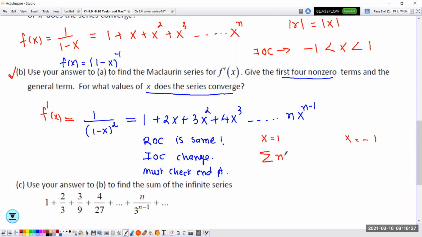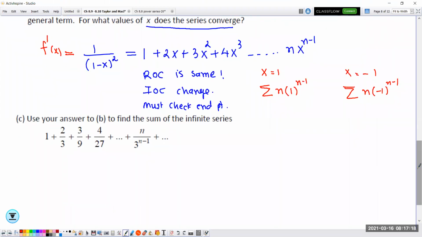Substitute 1 to the n minus 1. You have to keep this series notation, -1 to the n minus 1. So tell me what's happening? Converge, diverge by what test? You have to say the name. Both will converge? Which one converges and which one diverges? The one on the right with x equals -1 would converge by the alternating series test, but what are the conditions of the alternating series test?